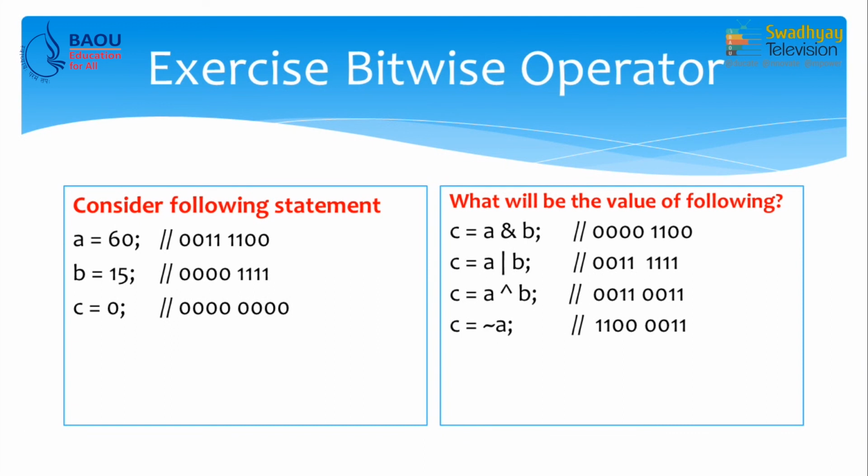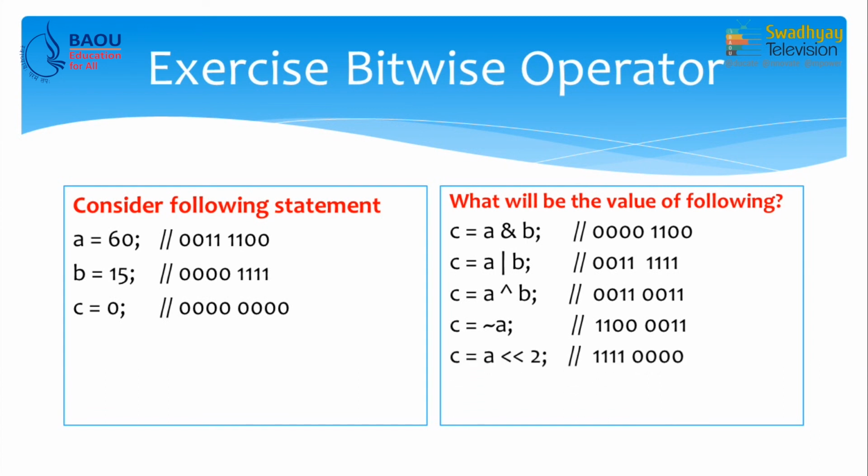If I write the bitwise complement for A, wherever 0 is there in A, it will be converted into 1 and 1 is converted into 0. So, we can see the result on screen.